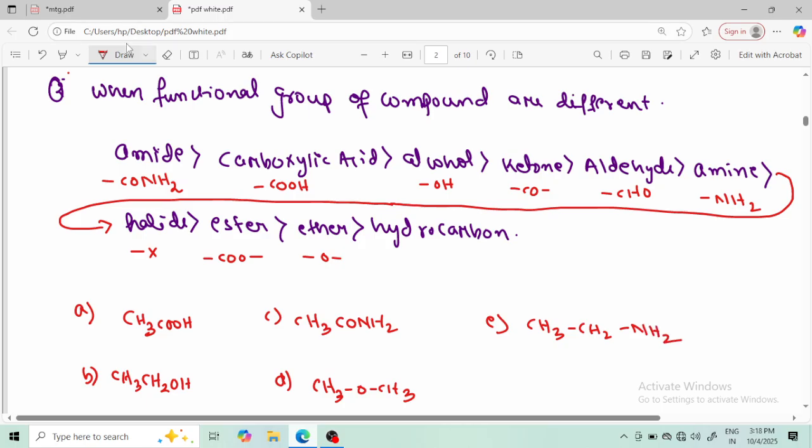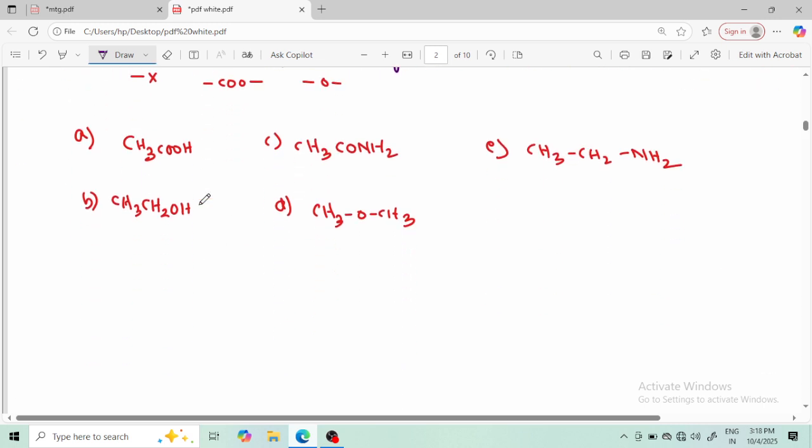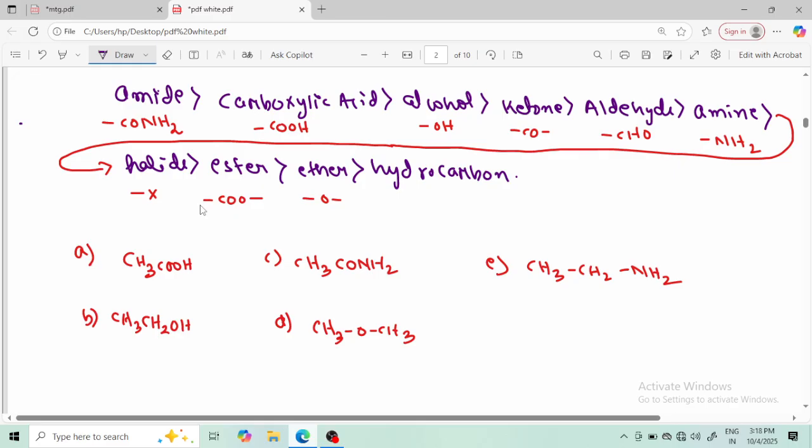Now here first I have to identify, by looking at the structures and the formula, that they have different functional groups, right? So first I have to identify which is what functional group. This one I know is carboxylic acid, right? This one, OH, means alcohol. This CONH2 is what? Amide. This O, just O, is ether, and if it's NH2 then it is amine, right?